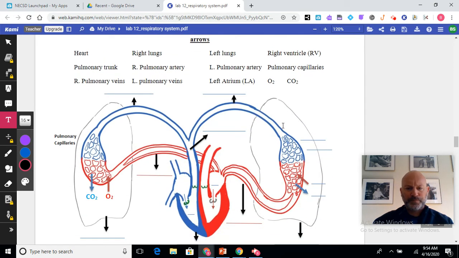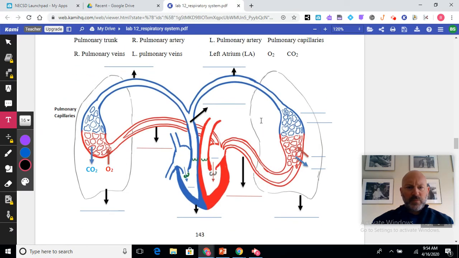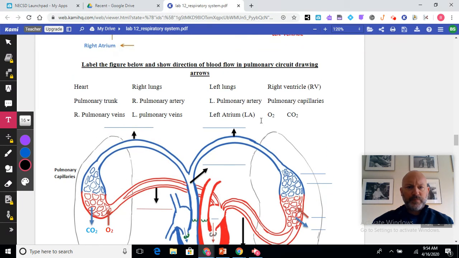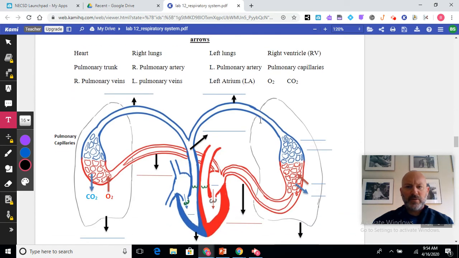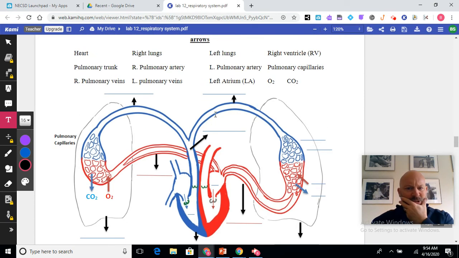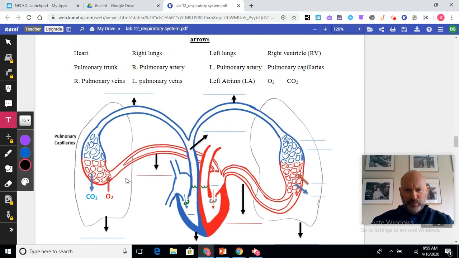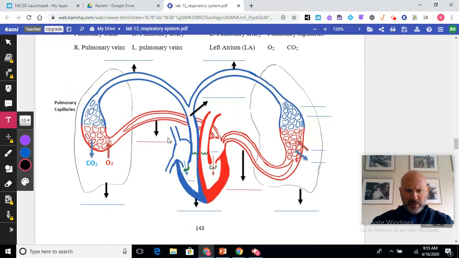All right, so let's fill out this figure below using these different labels here. All right, and where do we want to start here? Let's start in the right side of the heart.